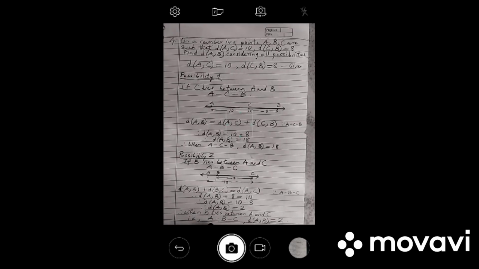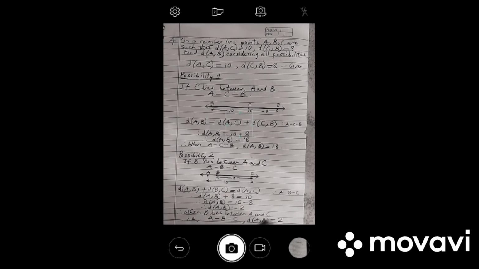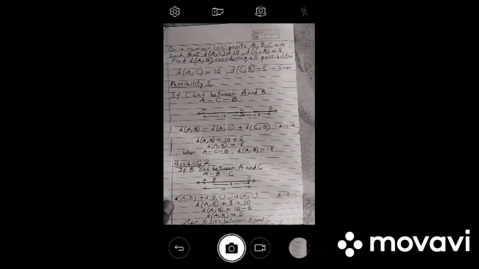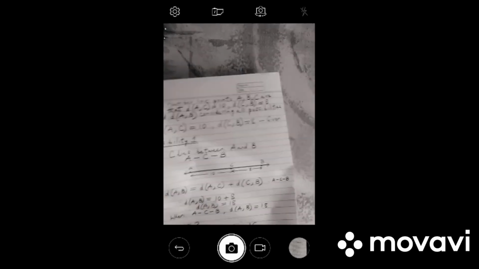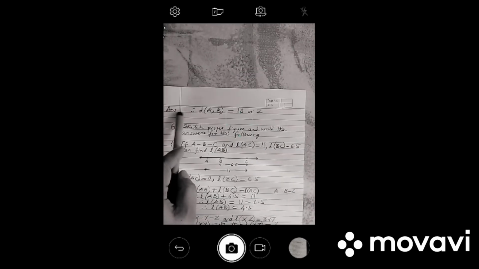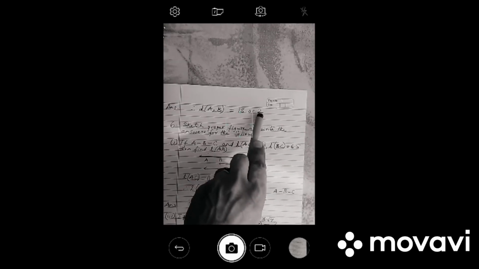When B lies between A and C, that is represented in this way. Therefore distance AB is equal to 2. So we'll write the final answer. Distance AB is equal to 18 or 2.